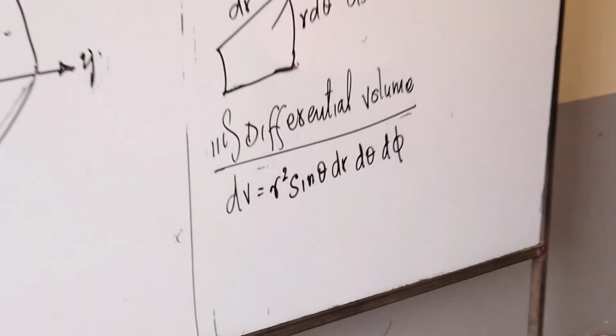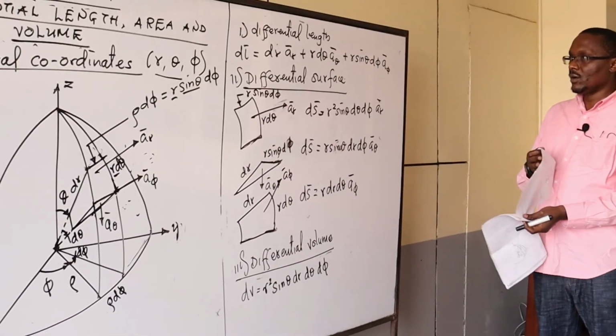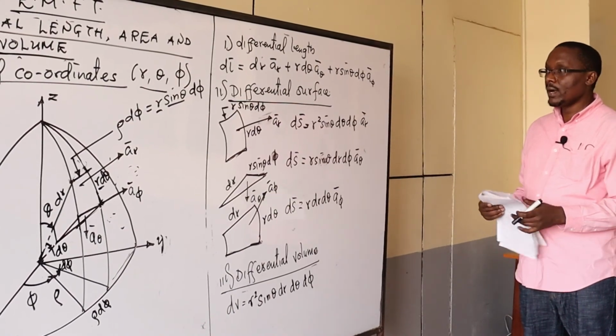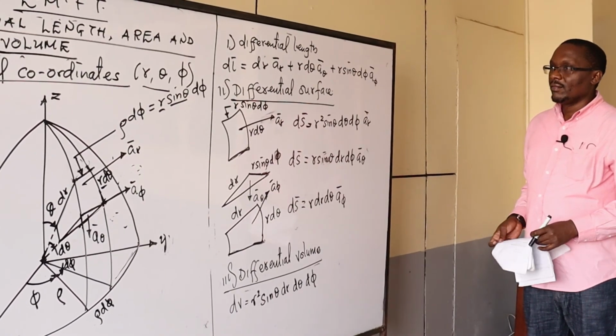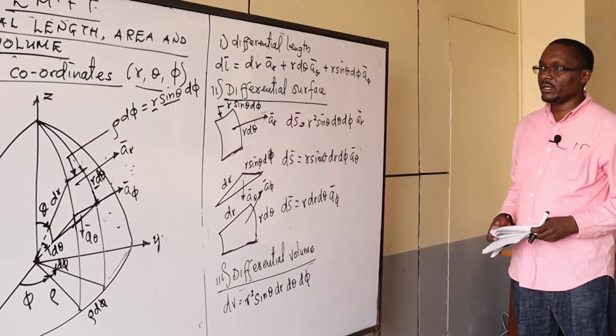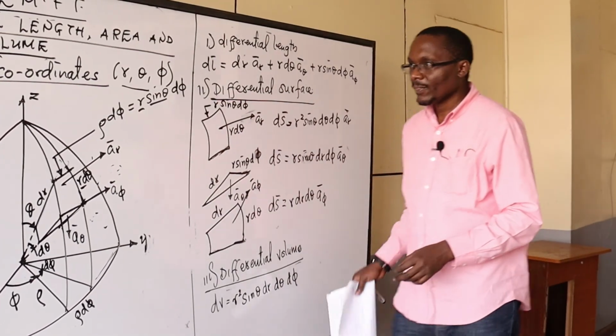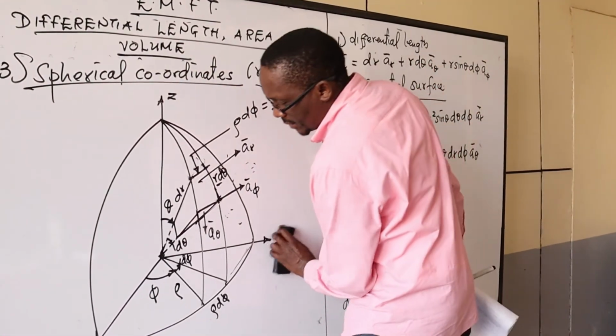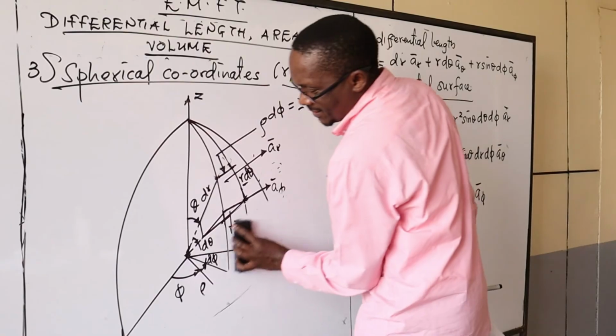So this is how we can represent all our three differential lengths, area, and volume in Cartesian, spherical, and cylindrical coordinate systems.